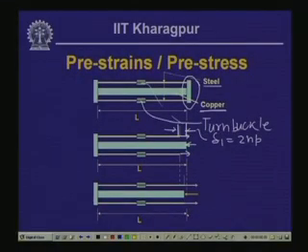So, the final deformation should be the same in both. Because of the tensile pull that we apply on the steel wire, from this position to this position, let us call that delta 2.